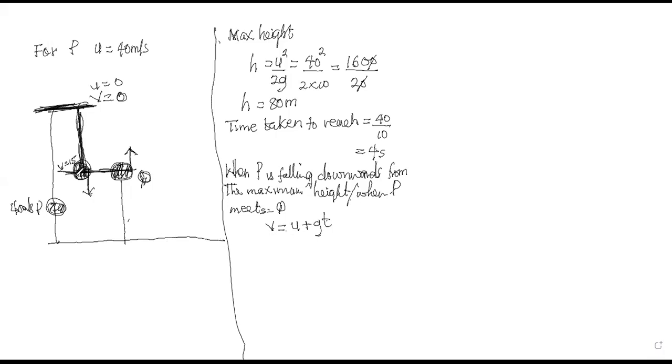V is the velocity at the time where P meets Q. Class, calculate that for me.